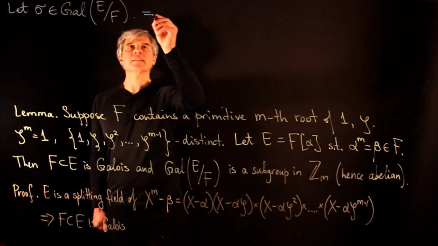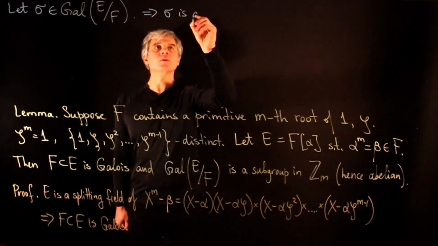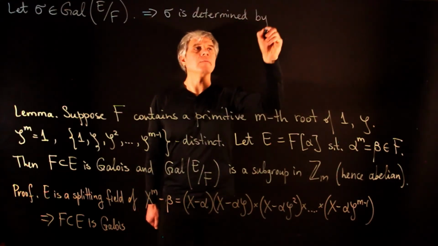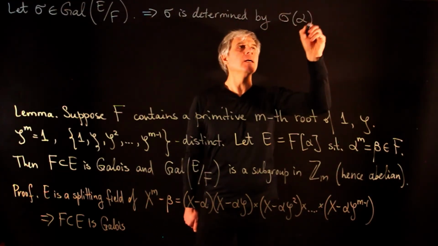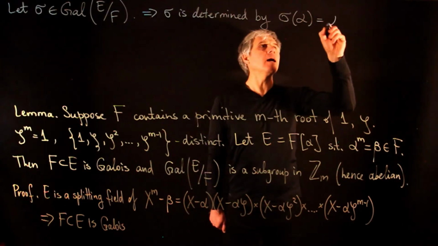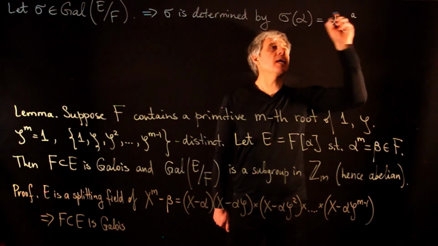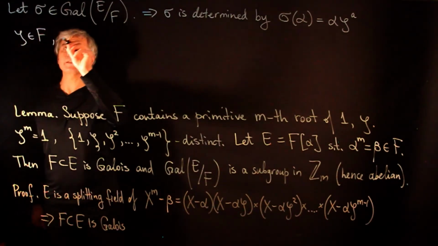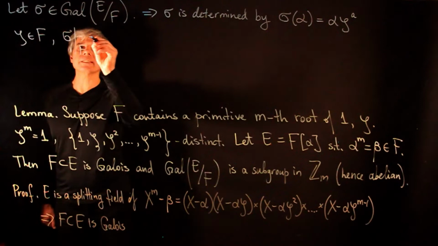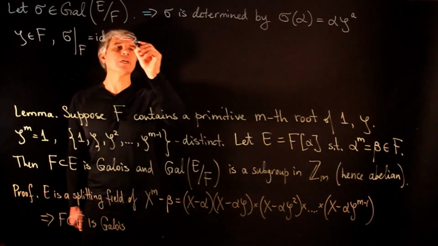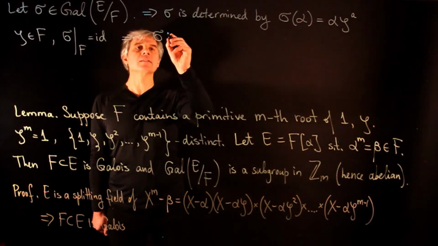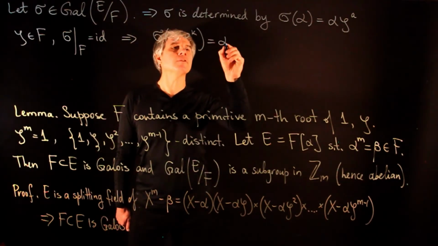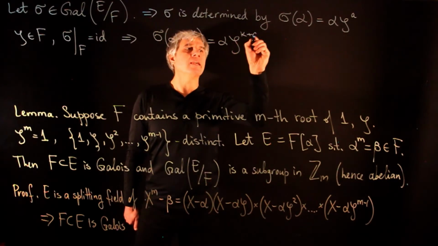So this value must be alpha times zeta to some power a. We have that zeta belongs to F, and sigma restricted to F is identity. From here, we conclude that for each k, sigma of alpha zeta to the power k is equal to alpha zeta to the k plus a.